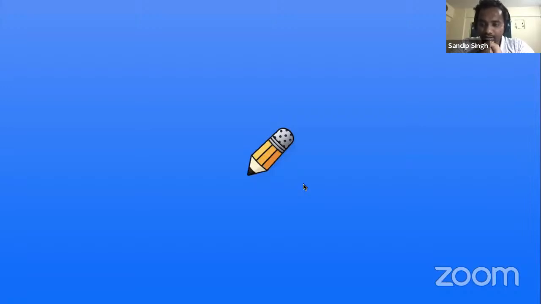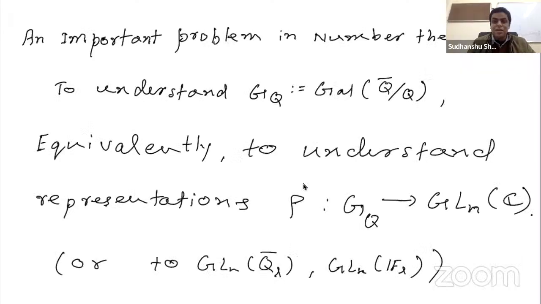Sudhanshu, over to you. Okay, so thank you, Sandip, for the introduction. Thank you for the invitation. This session is for describing Galois representations associated to Hecke eigenforms.